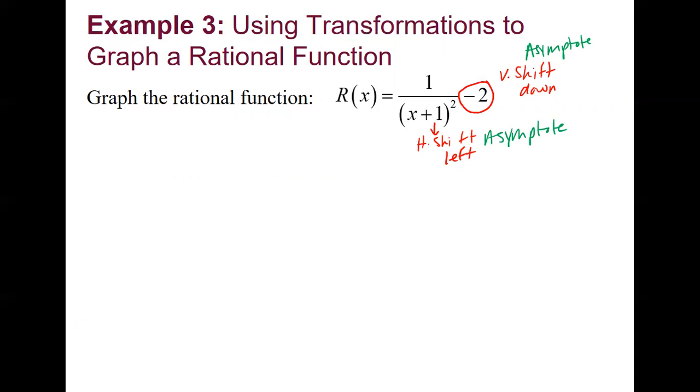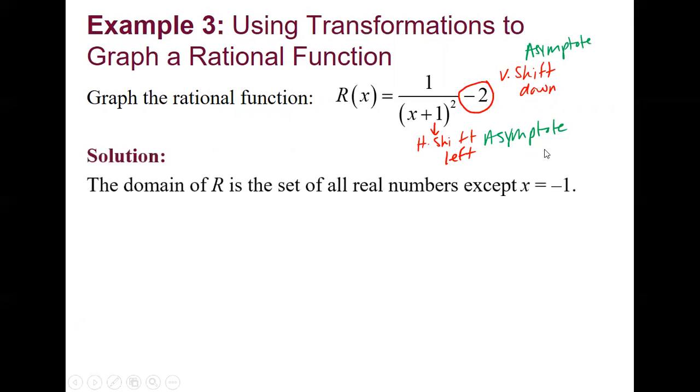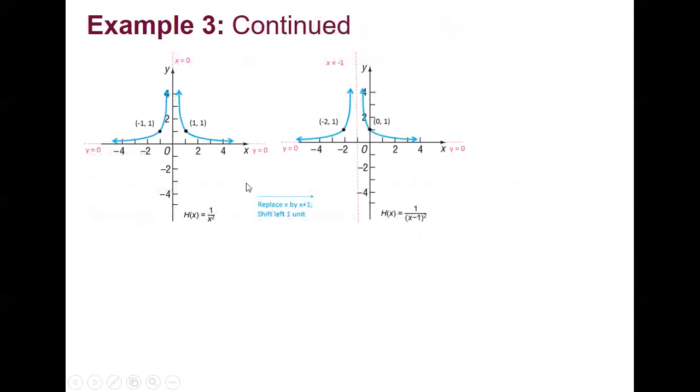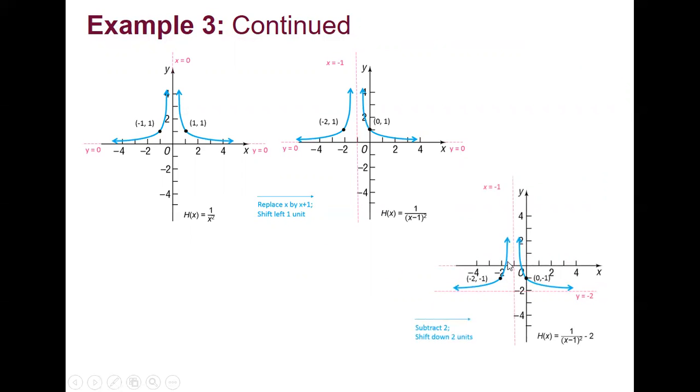So when there's changes in the function, transformation-wise, it's causing your asymptotes to move. So notice how I went from being here. My first shift was to go to the left 1 unit, boom. Then my second shift is to go down 2 units. So this is the new location of my function.